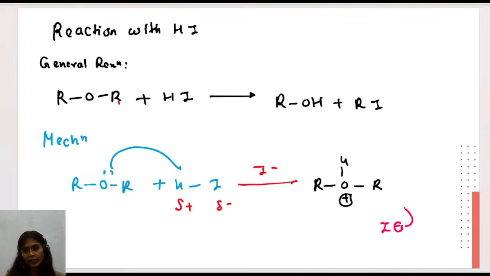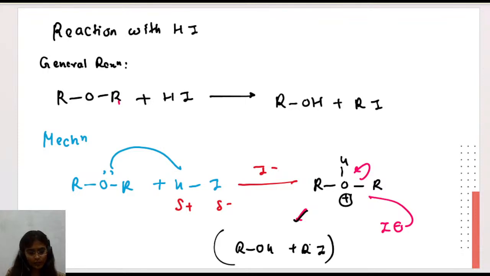Iodine simply attacks here, this bond opens up, and we get ROH plus RI. This is the general mechanism for the reaction.